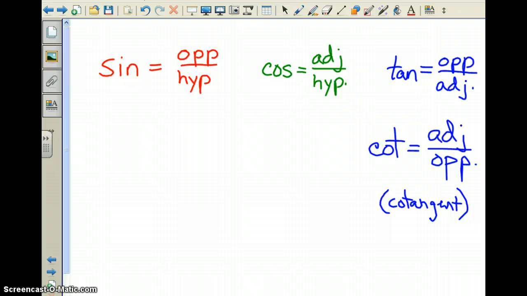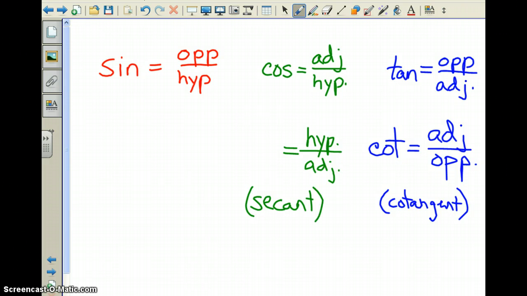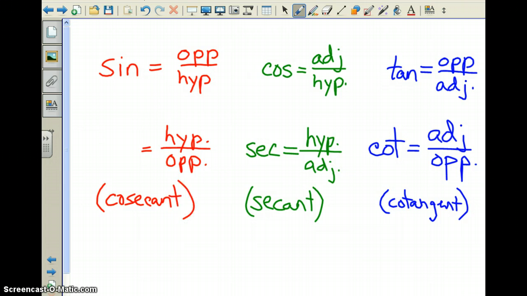For cosine, if you take adjacent over hypotenuse and reciprocate to hypotenuse over adjacent, the name for this ratio is secant, which we abbreviate as sec. And then the reciprocal of sine, or hypotenuse over opposite, is known as the cosecant, which is abbreviated csc.